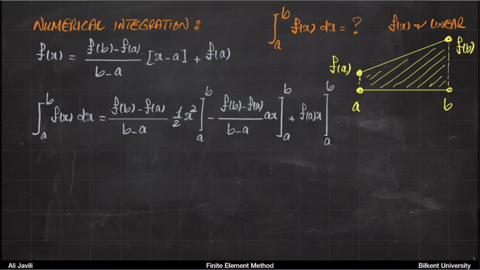And then you can imagine if the function gets more and more complicated, it doesn't matter. You can always use this integral. What I want to emphasize is to look at the limits of b and a that keep repeating.